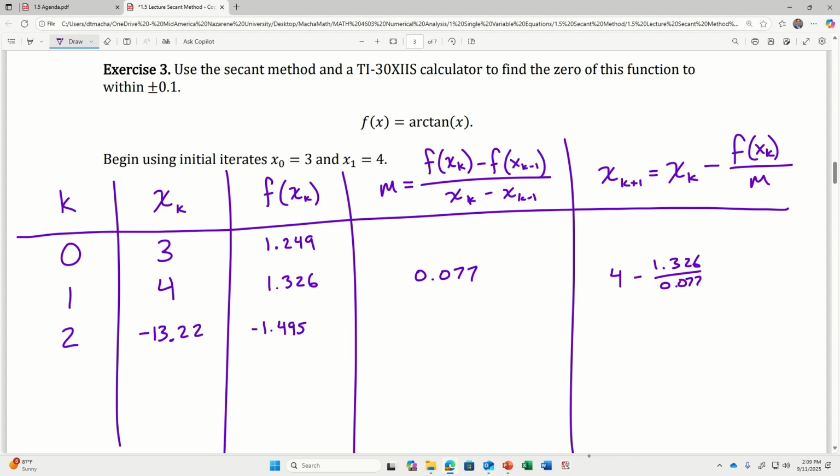Now tell me, what is open parentheses negative 1.495 minus 1.326 close parentheses divided by open parentheses negative 13.22 minus 4 close parentheses. I got 0.164. Yes.